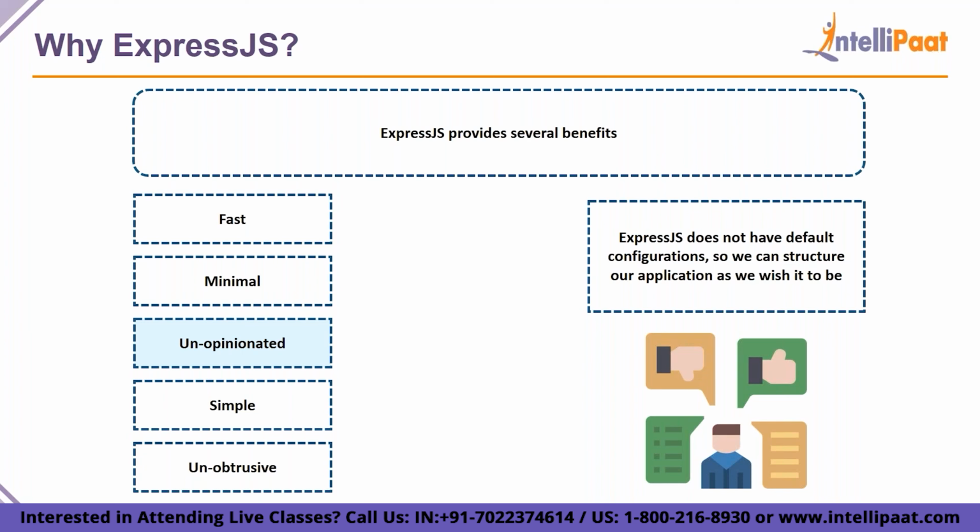ExpressJS doesn't care, and this is different from other frameworks such as Ruby on Rails and many other JS frameworks as well, such as Kraken.js, where they have a predefined set of rules. They have their own directory structure that you have to follow. You can configure them, but basically they come with a predefined structure. And here in ExpressJS, you don't have any predefined structure. You can build it yourself.